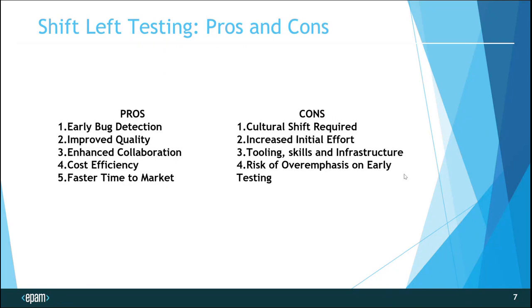And the last but not the least, the risk of overemphasis on early testing. If you shift left your testing processes on your project, very often it leads to reducing some testing activity at the latest stages.